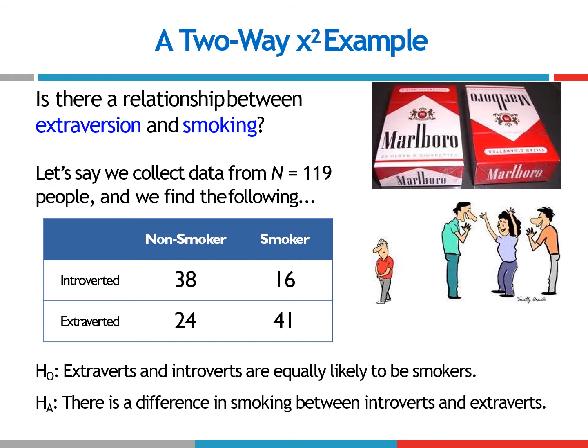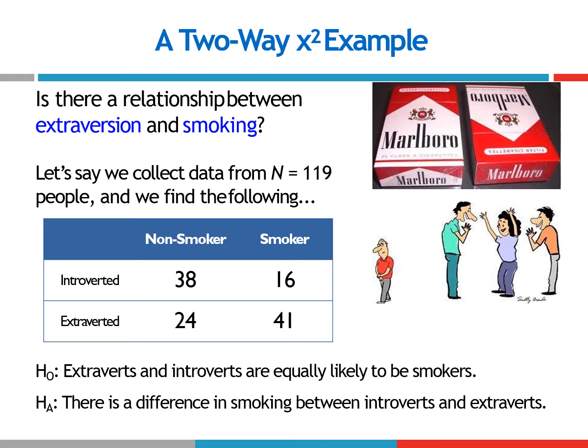Now that we've looked at our data set, let's define our null and alternative hypotheses. In this case, the null hypothesis is going to assume that the percentages observed for both introverts and extroverts are going to be equal to each other. Another way of saying that is that extroverts and introverts are equally likely to be smokers.